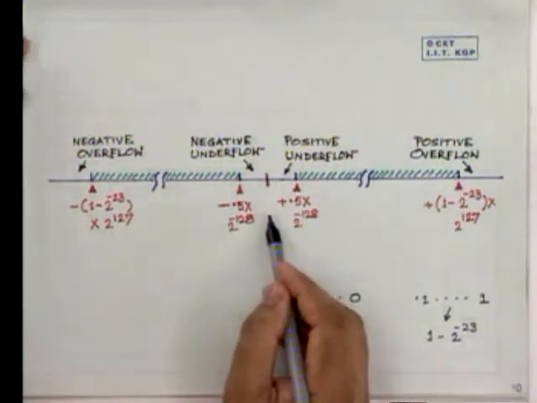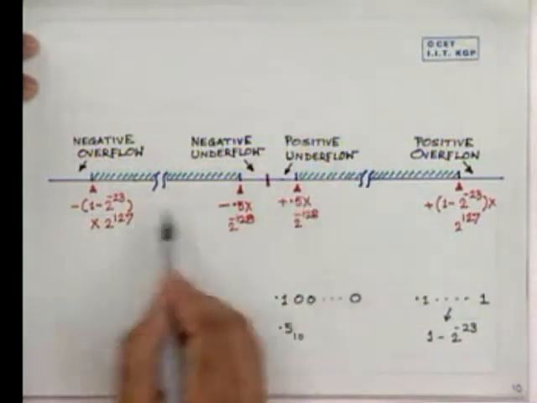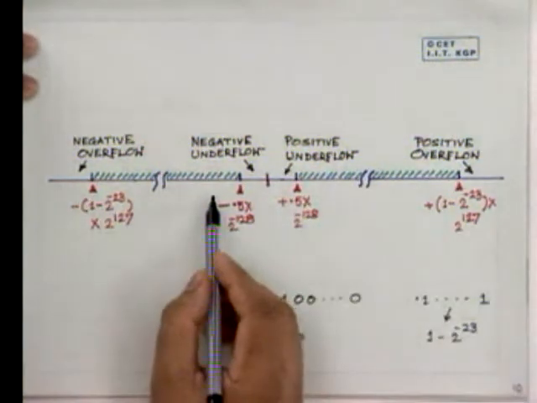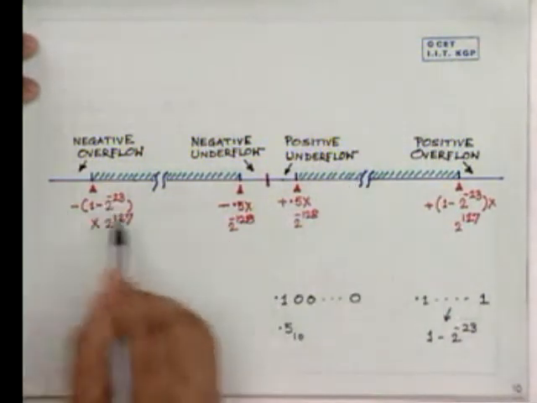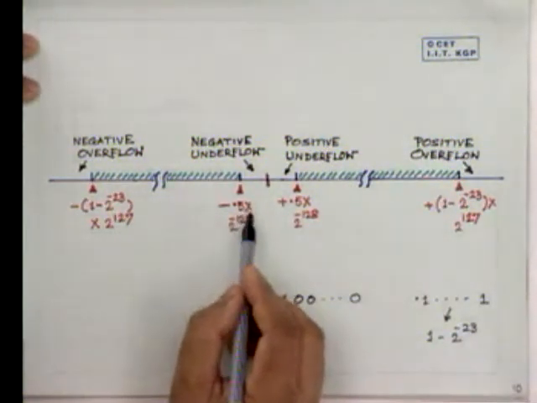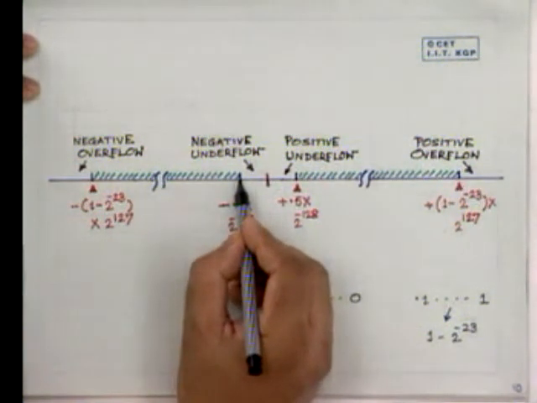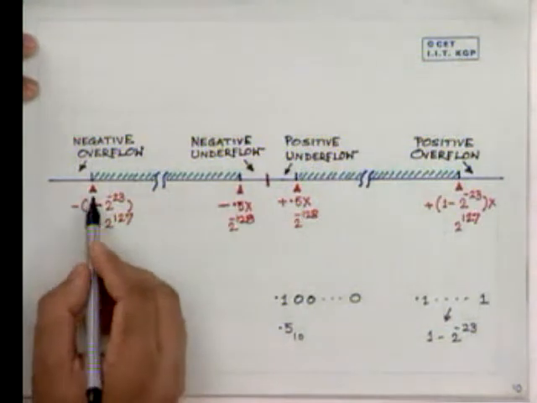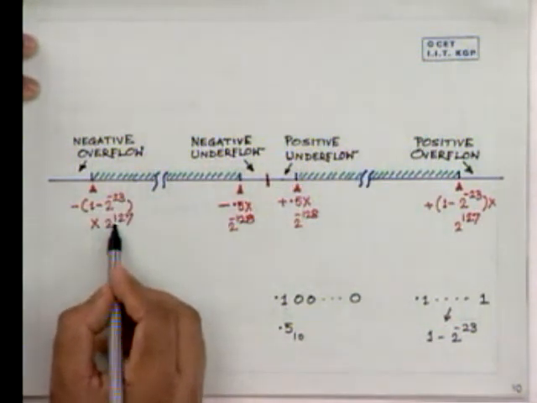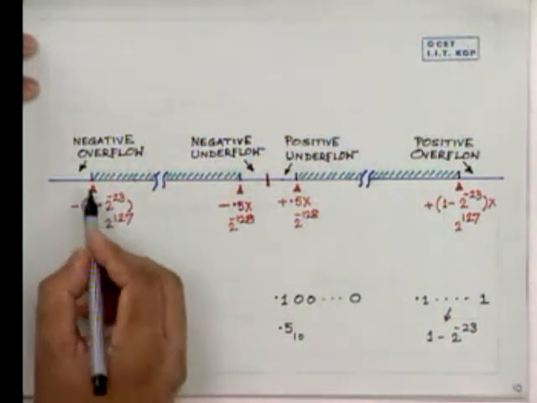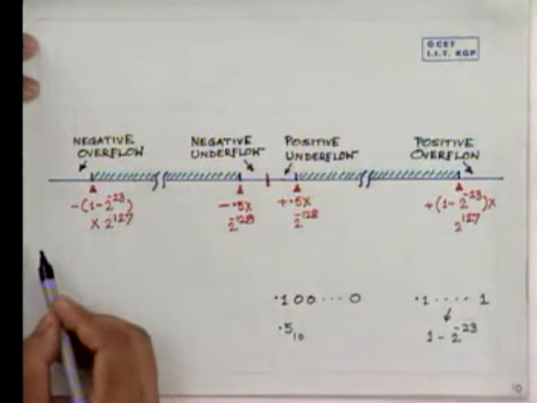Similarly, since we can have both positive and negative numbers with the sign bit, where the sign bit is 0 for positive and 1 for negative, we can have minus 0.5 into 2 to the power minus 128 as the minimum number that we can represent here, and minus (1 minus 2 to the power minus 23) into 2 to the power 127 as the least negative number that we can represent here.